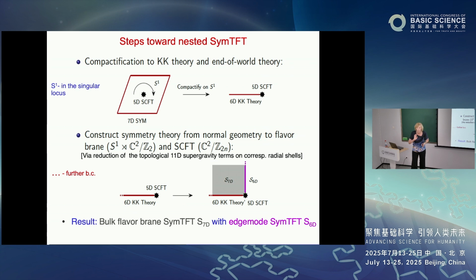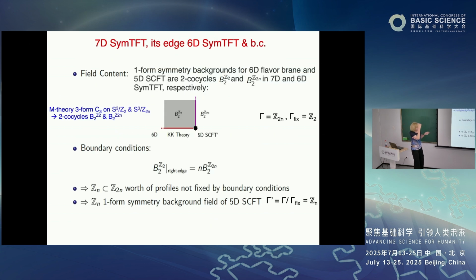I'm specifically focusing on one-form symmetries here. So how does this nested SymTFT that we constructed in this context constrain the spectrum? In particular, I'm going to focus on a one-form symmetry example, not the whole gauge theory and all that.